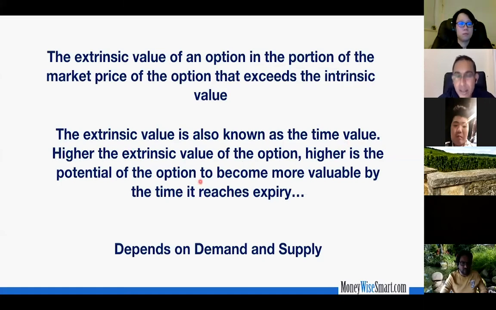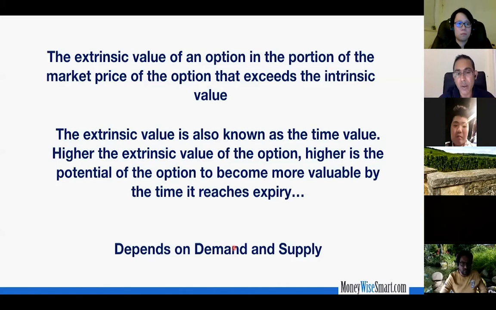And the higher the extrinsic value of the option, the higher the potential of the option to become more valuable by the time it reaches expiry. Because, as I just mentioned, the extrinsic value reflects the market's expectation of what's going to happen in future. So if the demand goes up, then the extrinsic value goes up. But the intrinsic value is only dependent on the strike price and the current share price.